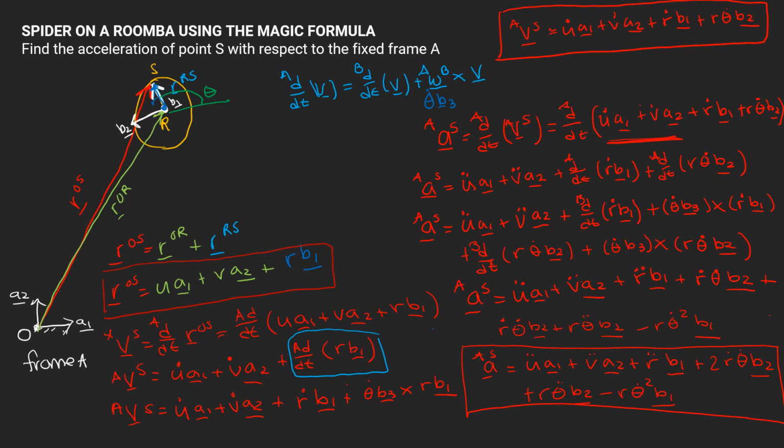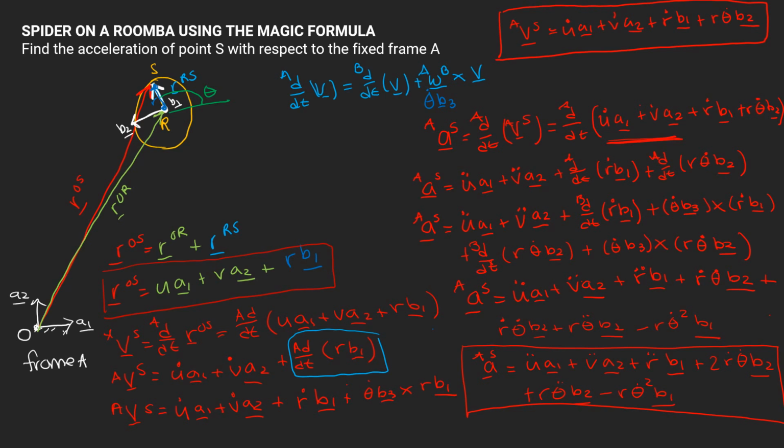Our answer still has b1 and b2 terms. Of course, we could go in and plug this in and get everything written in terms of a1 and a2. That's not needed here. Now we have an expression, at least, that describes the acceleration of point S in frame A, and we did so using multiple reference frames.